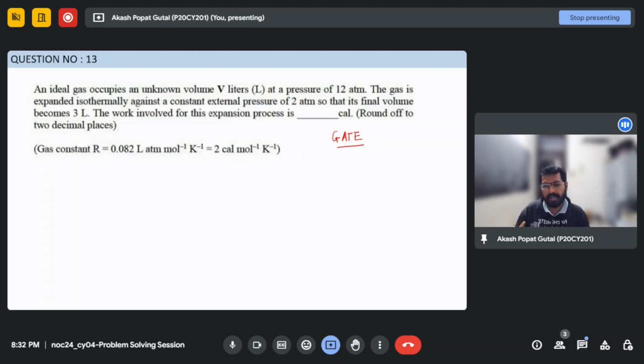Remember, this is not a reversible expansion. It is not isothermal reversible expansion. This is isothermal expansion, but not reversible. It's irreversible. So you may have used the isothermal reversible W equal to the same equation in RT ln V2 by V1. This will not work here.